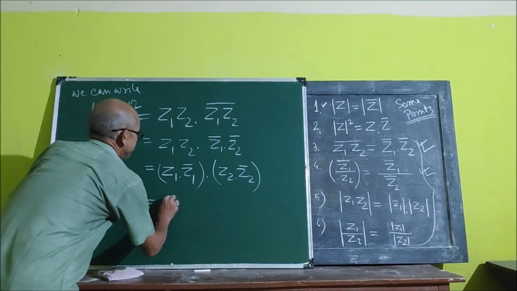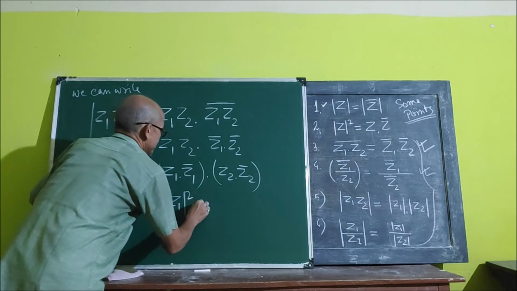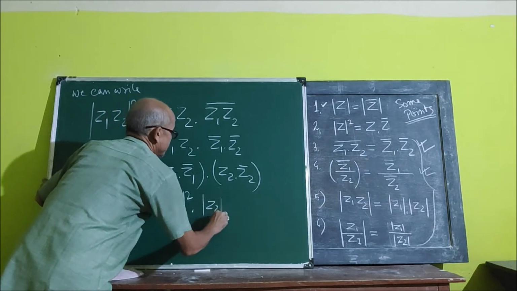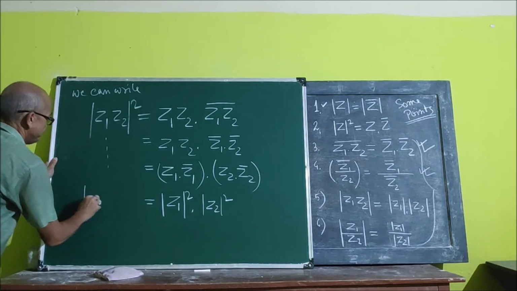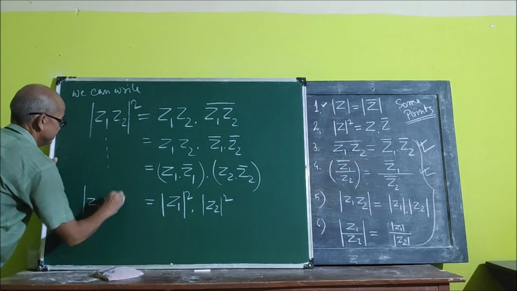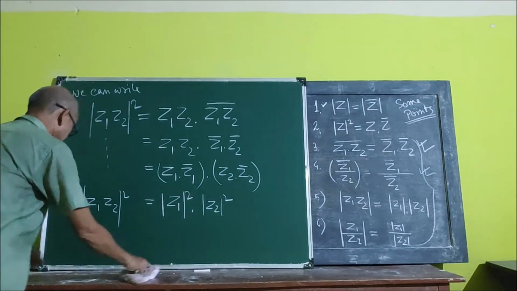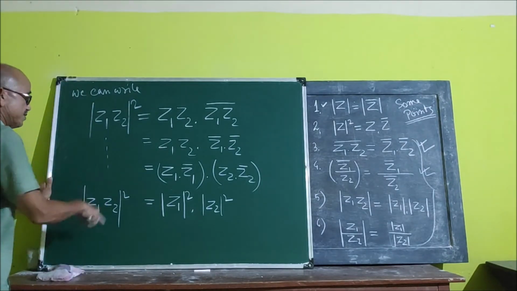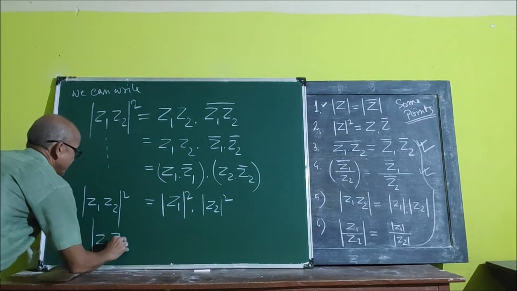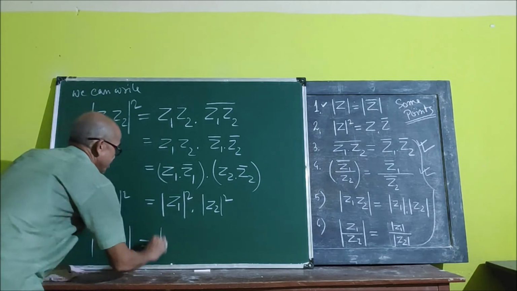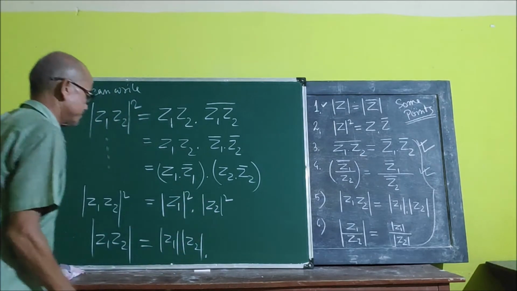So this can be written as modulus of Z1 whole square times modulus of Z2 whole square. If we take the square root on both sides, we prove it.